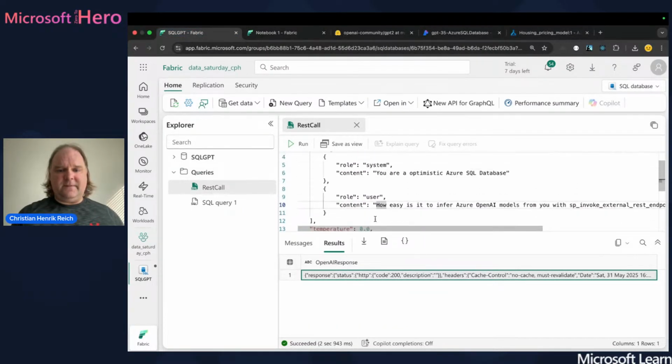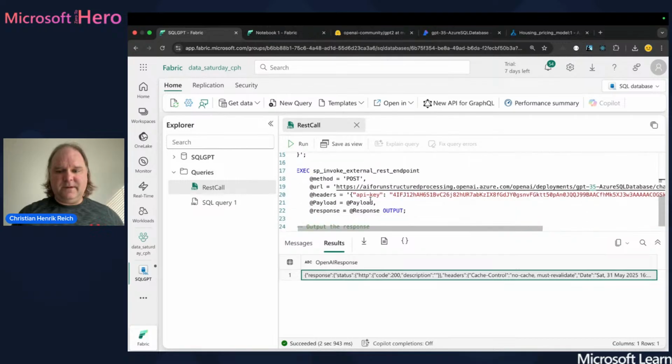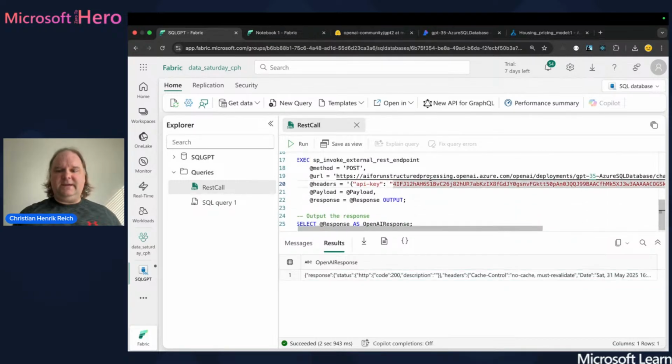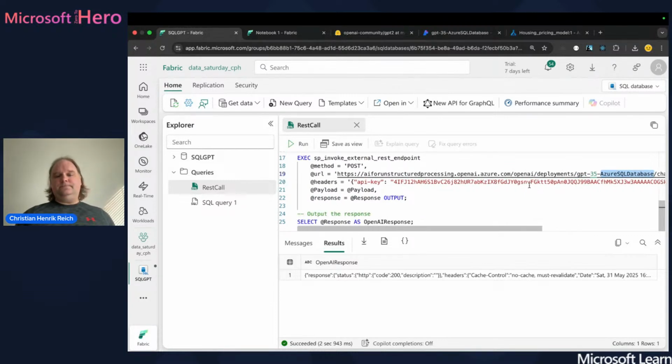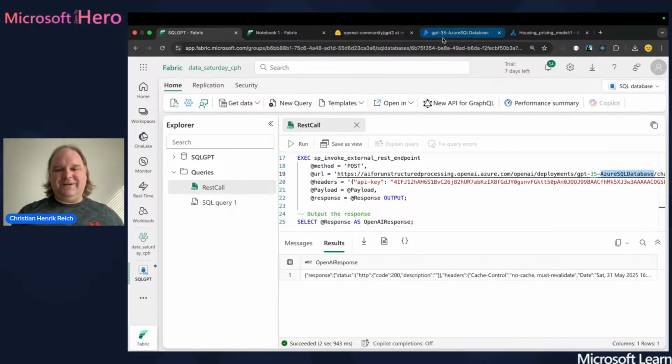I have some input to the models, then the API key and the URL taken from it, and we can see that the name is actually the same. So we just take a model, pop it into a web service endpoint where the model can reside, and we can reach it from the outside. That's actually a good thing when it comes to Fabric.